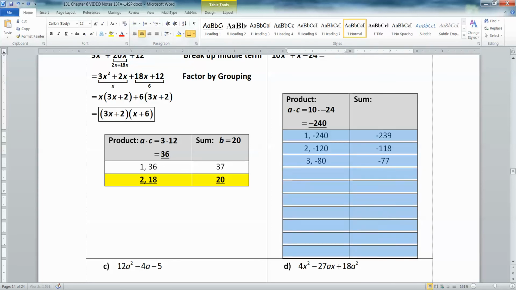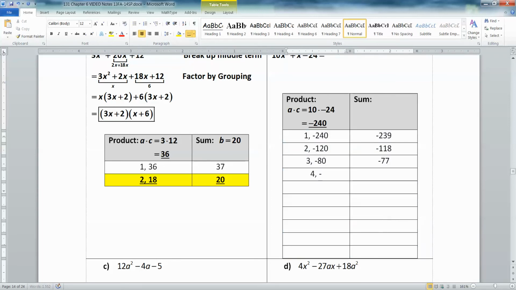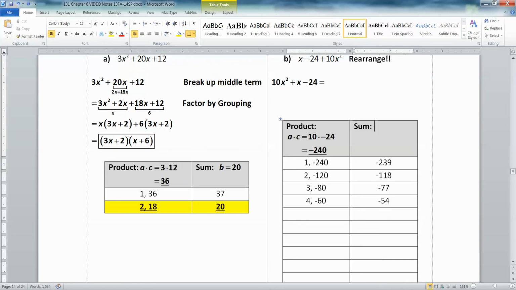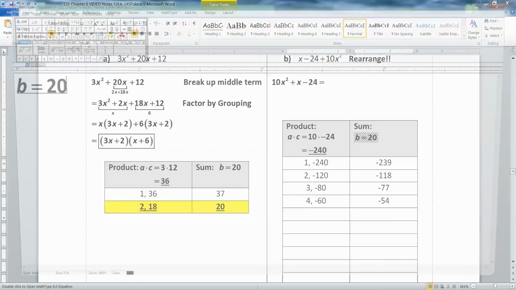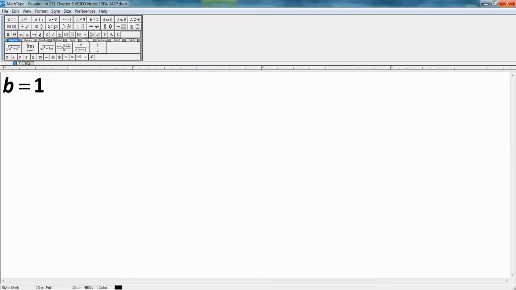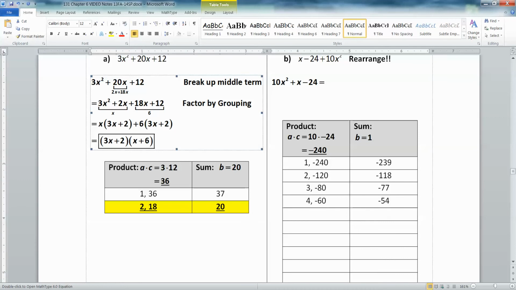That's no good to us. 4 and negative 60, that makes negative 54. We're getting somewhere. Oh, by the way, what are we trying to sum to? I forgot to even say it, but we're trying to sum to b, and b in this case is 1, because it's plain x in the middle, 1x. So I want to make a b of 1.